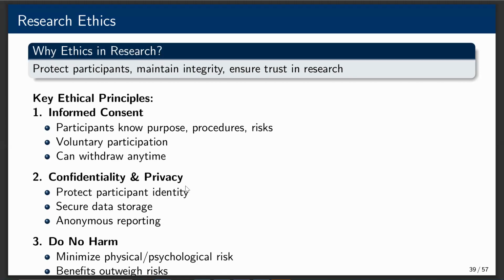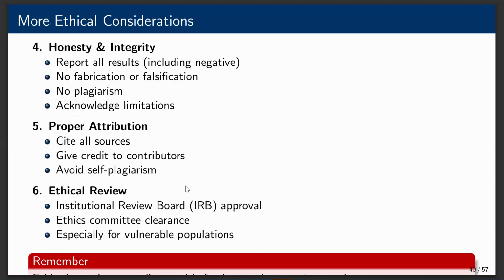Then confidentiality and privacy, you have to protect the participant's identity and secure data storage. Then anonymous reporting. Then do no harm, to minimize physical and psychological risk, so that benefit outweighs risk.